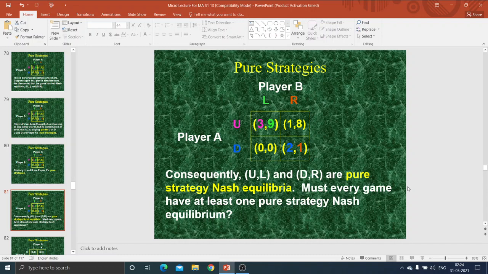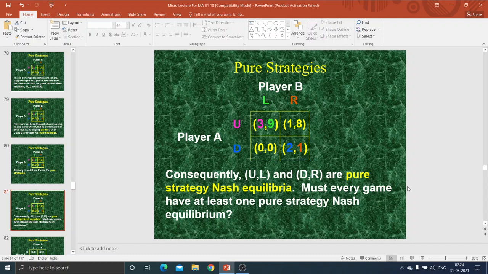There are certain games where we may not have it, but there are certain games where we may. There is no demand that it should be a pure Nash equilibrium. That is the thing you have to keep in mind. What does it mean? It can be a mixed strategy also, a mixed Nash equilibrium.